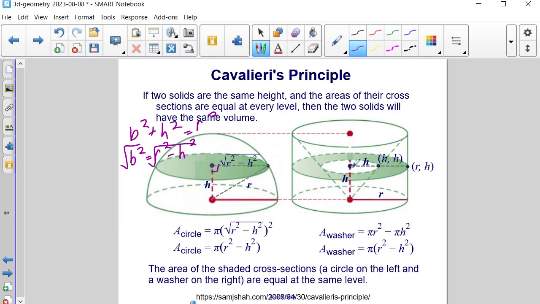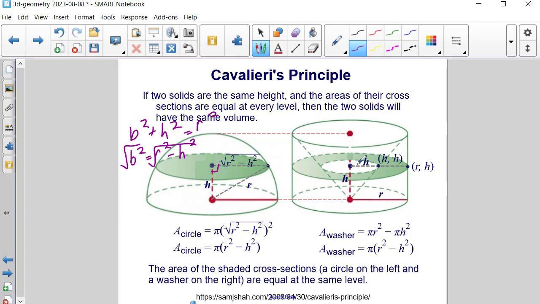Like this distance, height here, is going to be equal to the radius of the inside of this washer. And this ends up being true because also the radius of the cylinder is going to end up being equal to the height of the cylinder as well, because this radius of the hemisphere is equal in all directions.